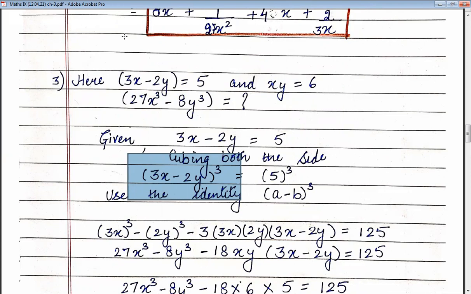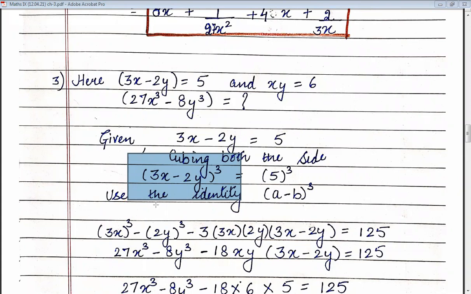Okay, so now just apply the formula. This is a cube minus b cube minus 3 times a into b and then (a minus b). Now children, solve it, and on the right hand side you will get 5 cube, that is 125.